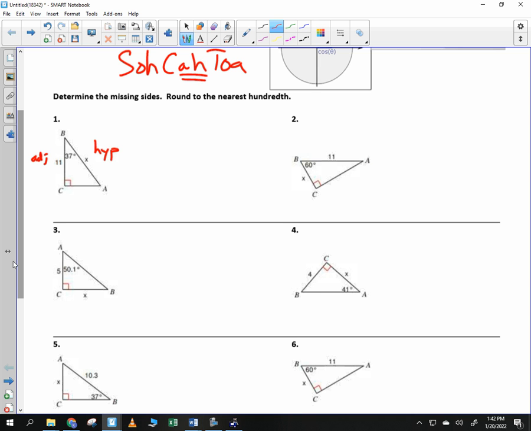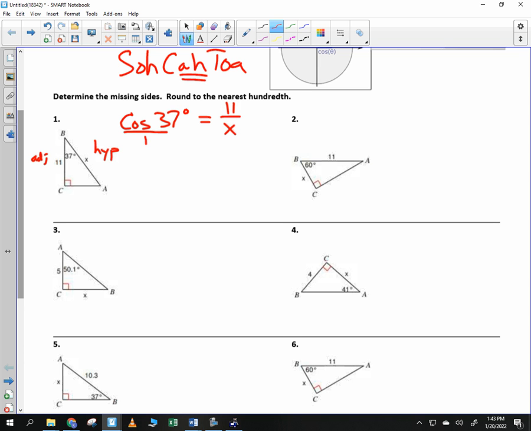So we set up cosine of 37 degrees is equal to, and this tells us how to set it up. You have to take the adjacent side, which is 11, and you divide it by the hypotenuse, which is x. I would encourage you at this point to write it over 1 and to cross multiply.